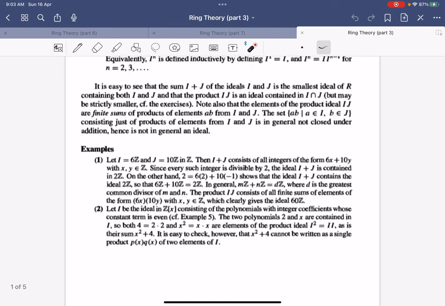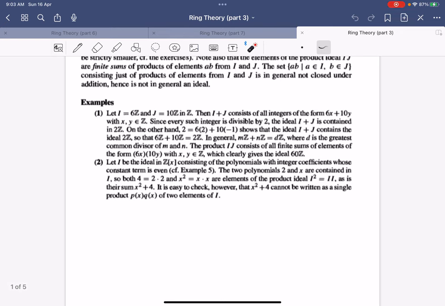So some examples of adding ideals: for example, you have the ideals with multiples of 6 and multiples of 10. When you add them, it consists of all integers of the form 6x plus 10y. And since every such integer is divisible by 2, I plus J is contained in the even integers.